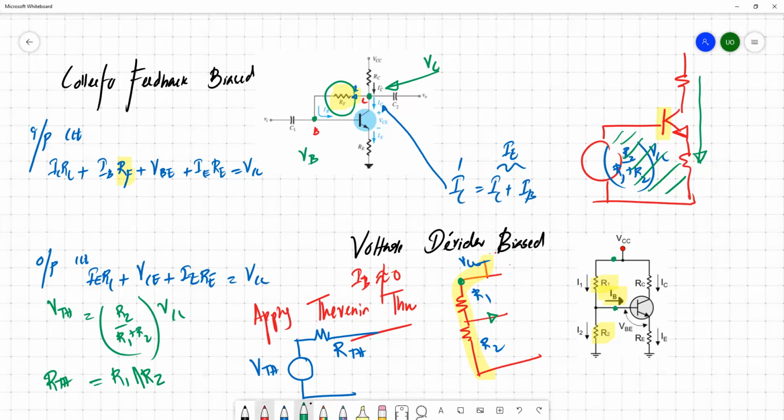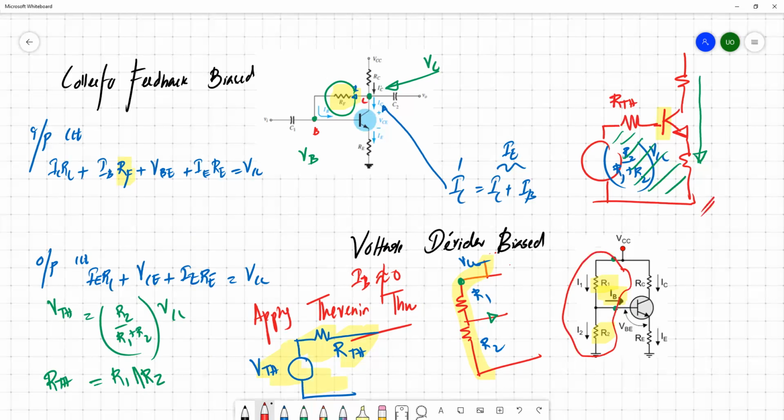What we can simply do then is, in addition to this divider block, replace it with this. So you have a resistor here. Then the original circuit simplifies to this model.